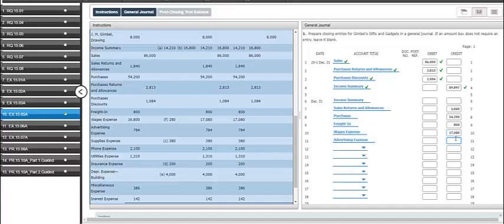Advertising expense is $784. Supplies expense is $380. Phone expense is $2,100. Utilities expense is $1,310.